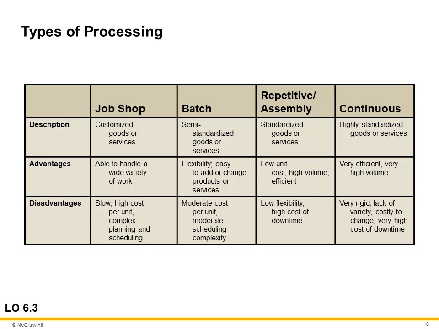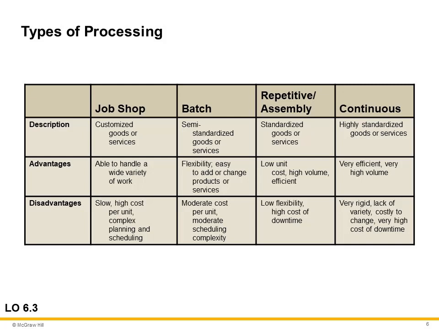Here in this table, we have a short description for each one, advantages and disadvantages. For example, in job shop, we don't have standardized goods or services. Your products are customized based on that station that you're working on.